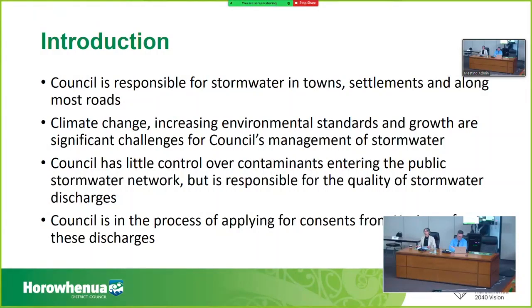So as you may all know, council is responsible for stormwater in towns and other settlements, along with roads as well. And as we are experiencing climate change and also increasing environmental standards, and the growth puts significant challenges to council's management of stormwater.